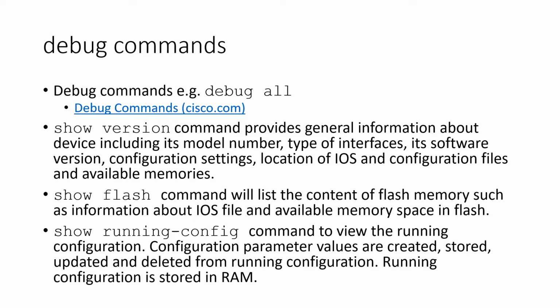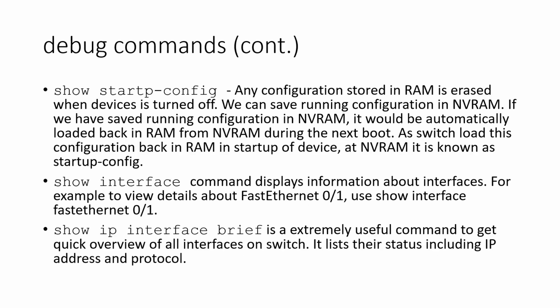Show running-config command is used to view the running configuration. Parameter values are created, stored, updated, and deleted from the running configuration, which is stored in the RAM. So basically these are some of the commands. Then show startup-config. Any configuration stored in the RAM is released when the device is turned off.